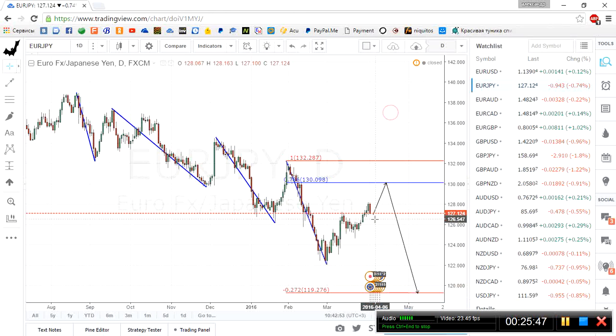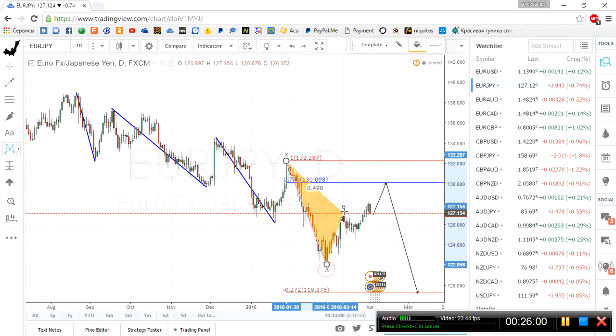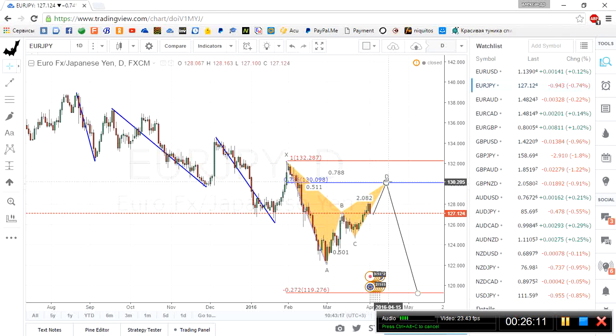So if price goes to that upside, then I will be looking for the downside movement. And if I take that triangle tool and draw it this way, you will see that what I'm looking at is that Gartley pattern formation, that zigzagging type correction. I'm looking at having an impulse and then a zigzagging correction, and then to the downside.